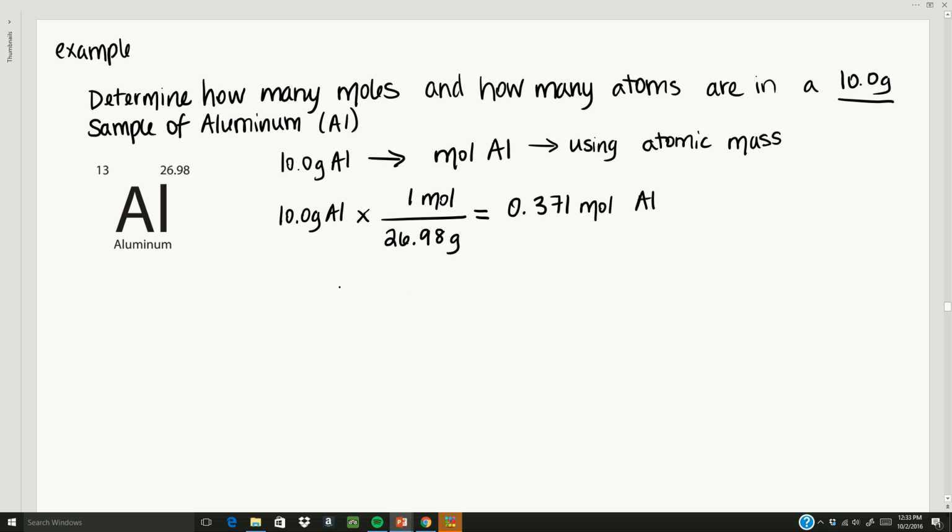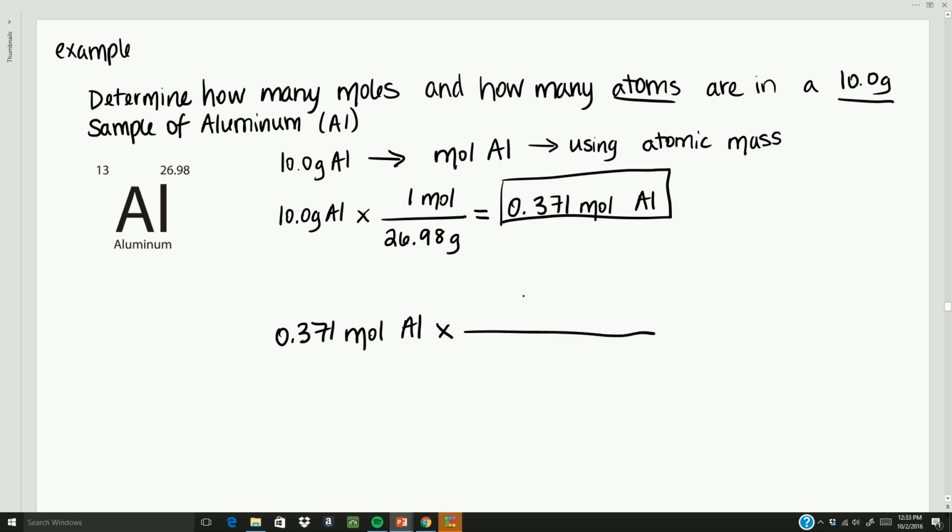Okay, so now we can take this number and figure out how many atoms of aluminum are in a 10 gram sample. And we can do that using Avogadro's number. So we take our 0.371 moles of aluminum, and then we know that Avogadro's number says that there's 6.022 times 10 to the 23rd units per 1 mole of substance.